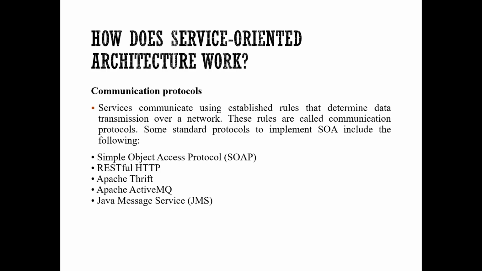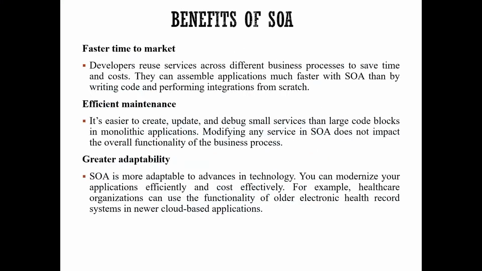For SOA web services, we use multiple communication protocols, for example SOAP, REST, Apache Thrift, Apache ActiveMQ and JMS. Most probably SOAP is used for enterprise applications and REST is used for web services. These two are the common communication protocols used in service oriented architecture.